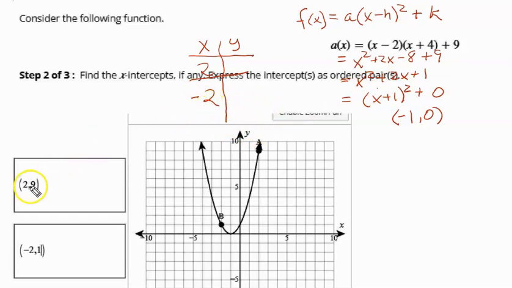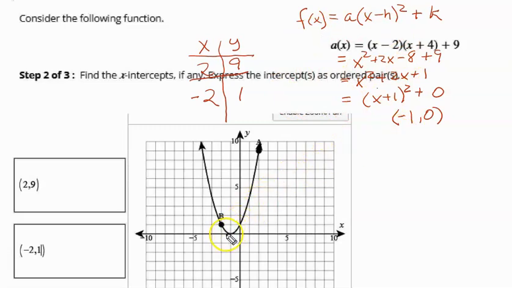Now when I do that, when it's 2, in this equation here, I get a 9 for this value. And when it's negative 2, I get a 1 for this value.